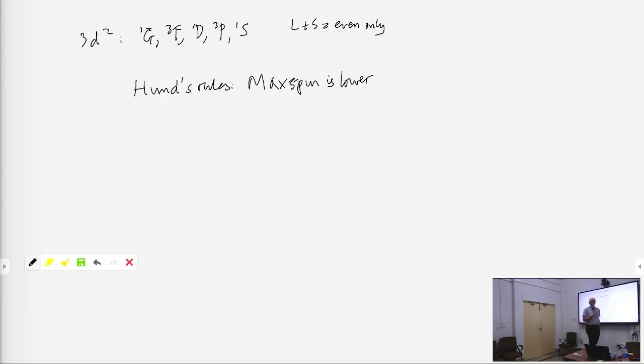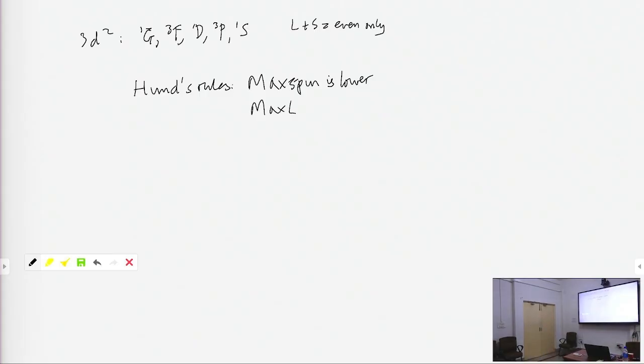The second rule is maximize L. And I think, to be honest, I'm going to check that one just before I tell you a lie. In molecules, which I normally deal with, you don't have to worry about L. The third one is on J and is complicated, and I'm going to ignore it.